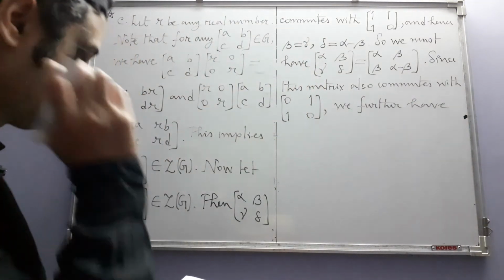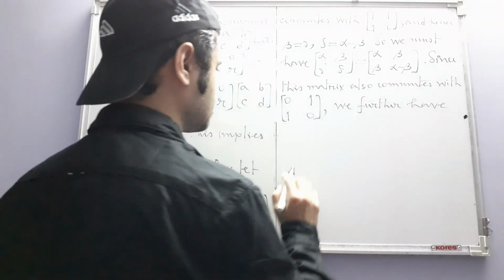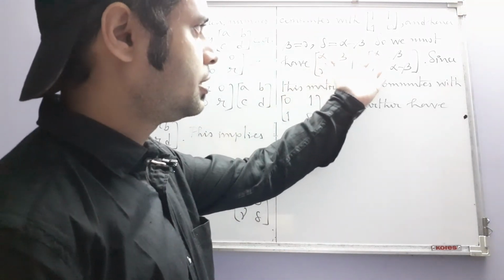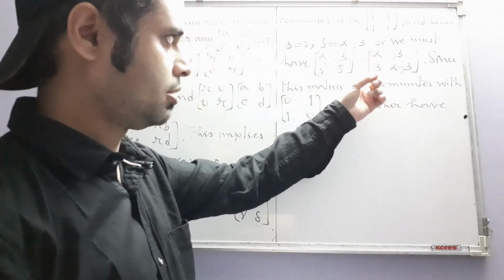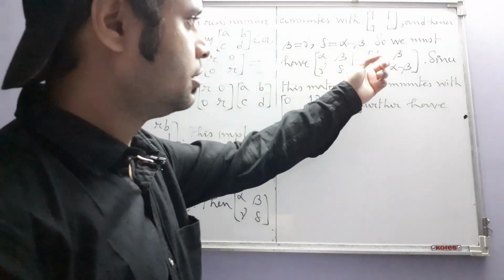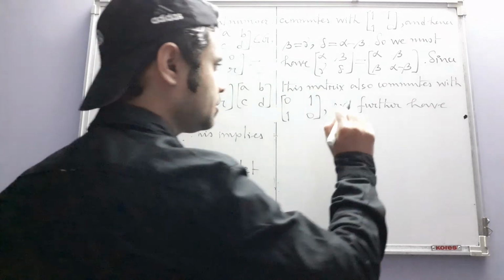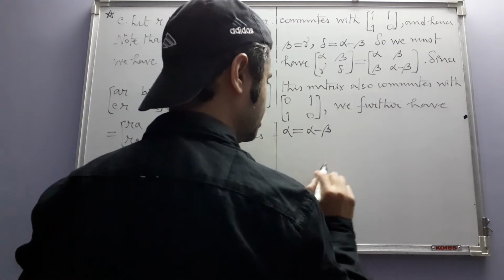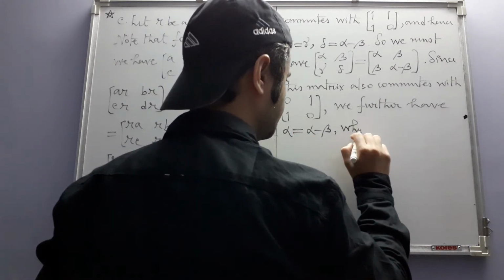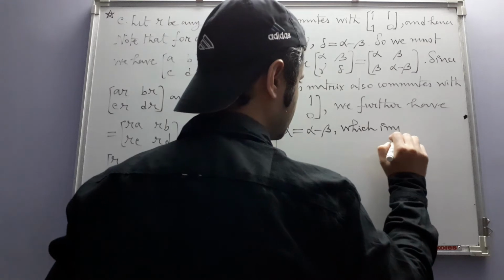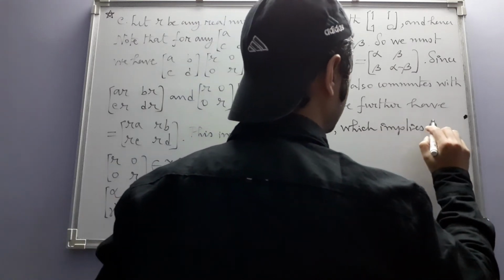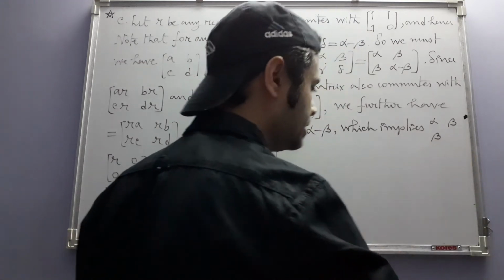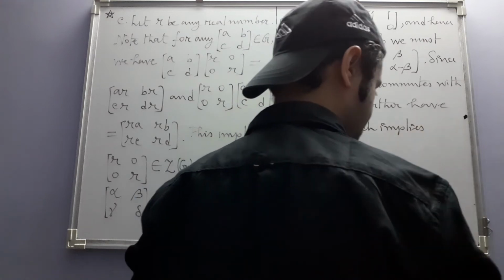Now for this type of matrices, the structure is this. That is, this entry should be equal to this entry, and this entry should be equal to this entry. These two are already equal, so these two should be equal. We further have alpha equal to alpha minus beta, which implies beta is equal to 0.